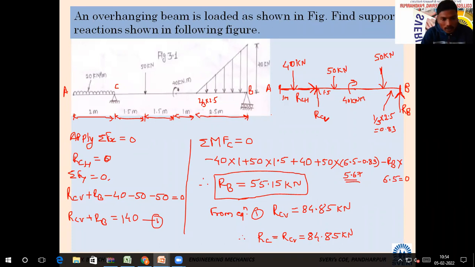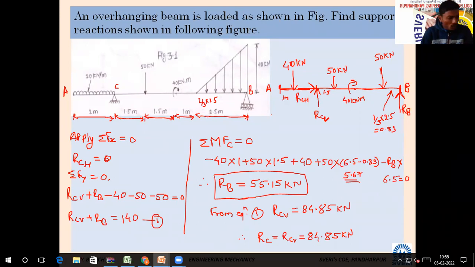No force on it is inclined, so it will not oppose horizontal movement. Whatever forces are there, they are vertical only, so only the vertical component came, not the horizontal. If even one force here had been inclined, then some RCH might have come. But no force here is inclined. Horizontal forces are generally not there in a beam, because it is taking vertical load and inclined load. Horizontal load it will not take.